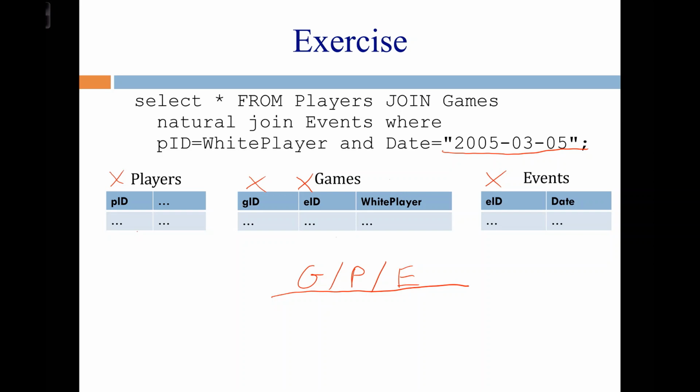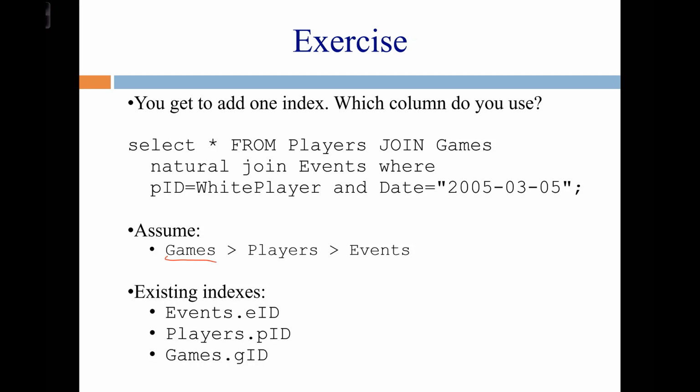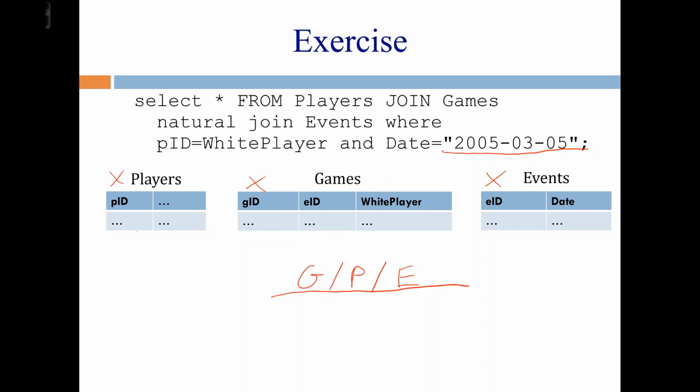So we could take an event and find the games that took place at that event. So which one of those two would be better? Well, the goal would be to put the smallest relation as R. And the smallest relation is going to be events. So we will want events as R, and then the other two could be index lookups.